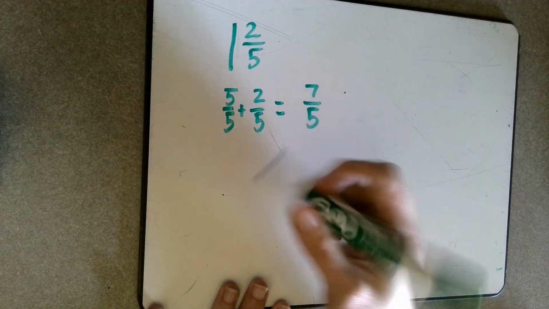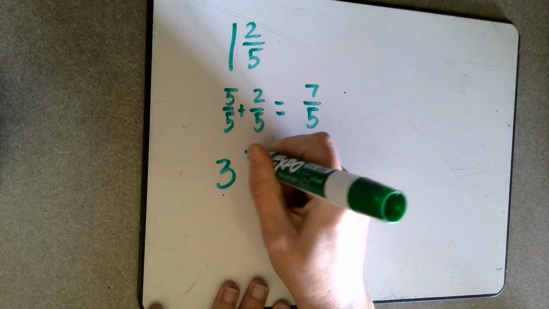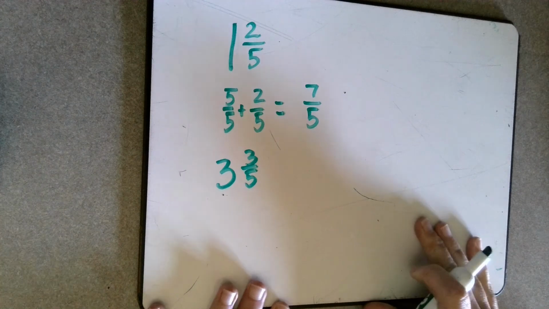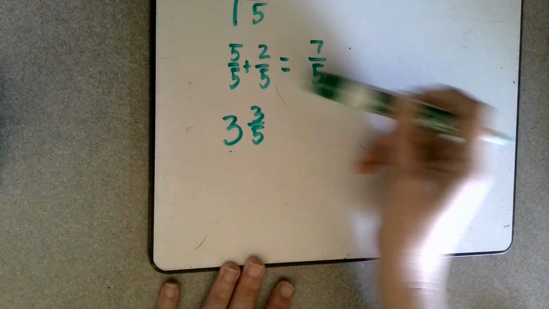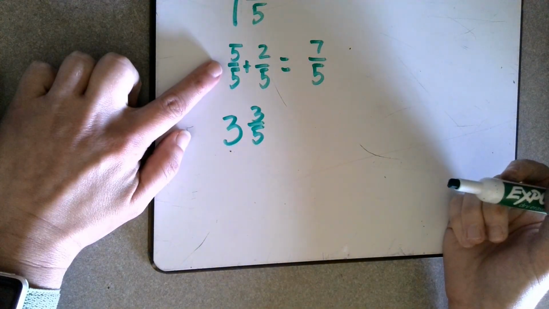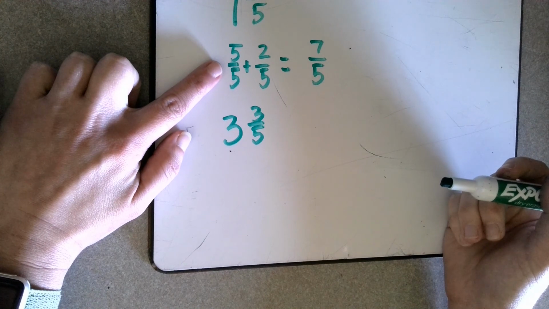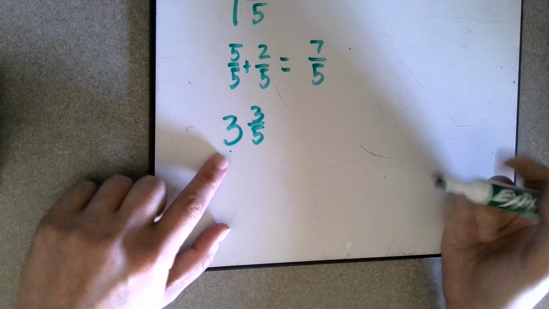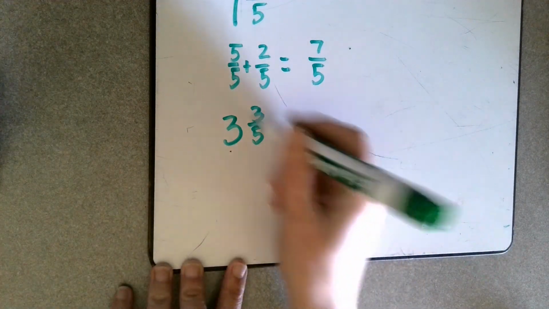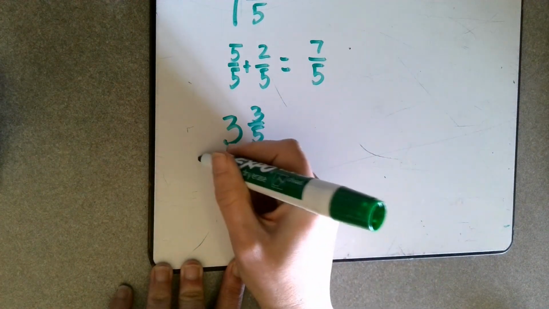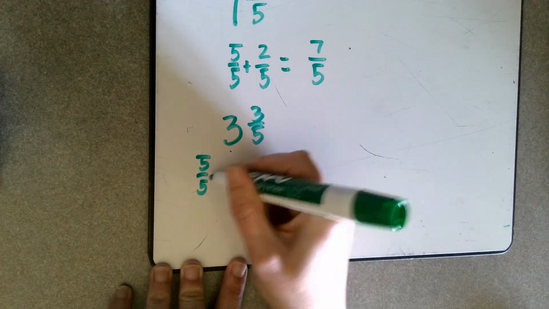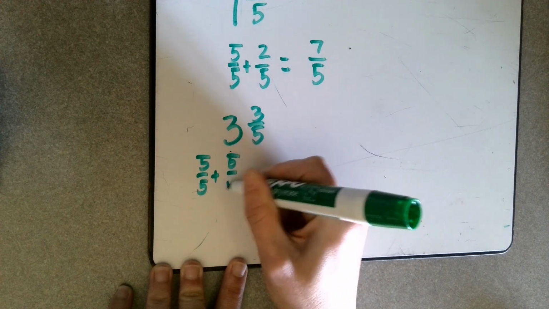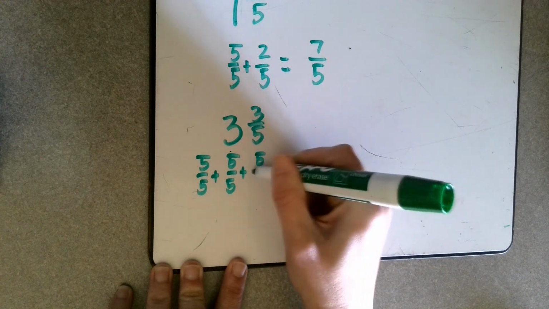Let's try that with 3 3/5. Just like up here, you want to be thinking, how many fifths makes a whole? I have 3 wholes, right? So I'm going to rewrite each of my 3 wholes as 5/5, and I've got another 5/5 and another 5/5.